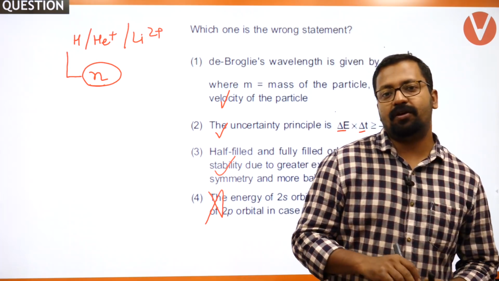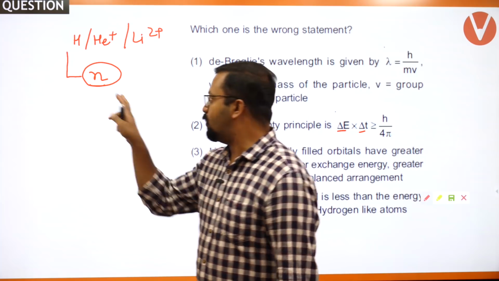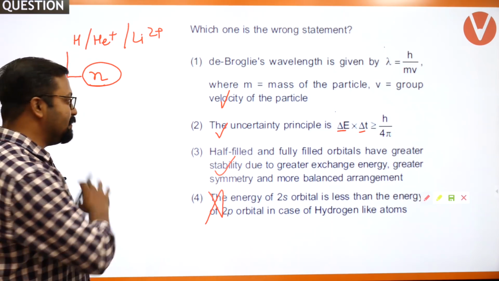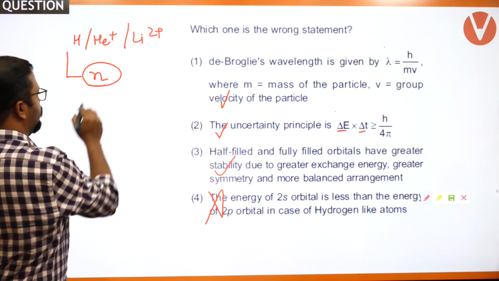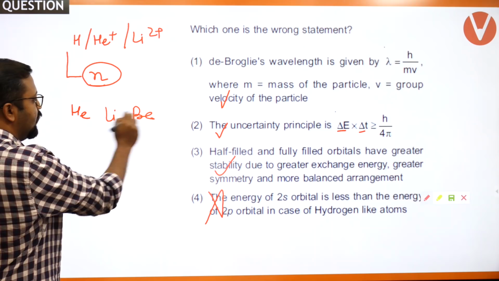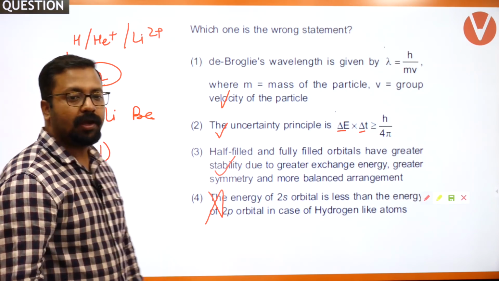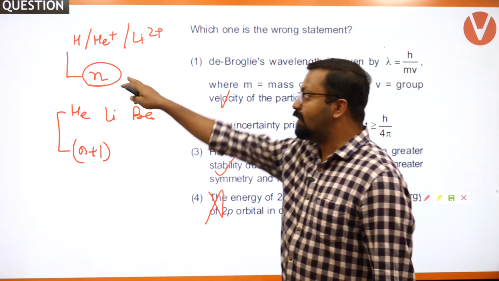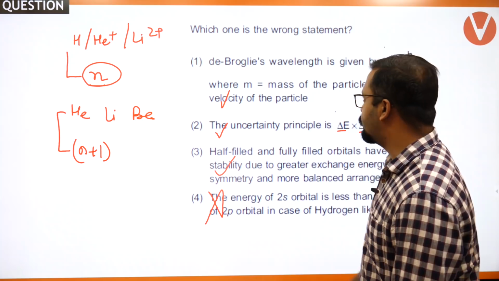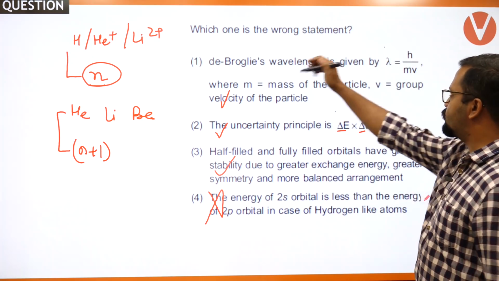In a non-hydrogen like polyelectronic atom, like helium, lithium, beryllium, it will depend on n plus l. It is very vital to know that this will depend only on n, this will depend on n plus l. Cool? Let's move on to the next question. So right answer to this question is 4th.